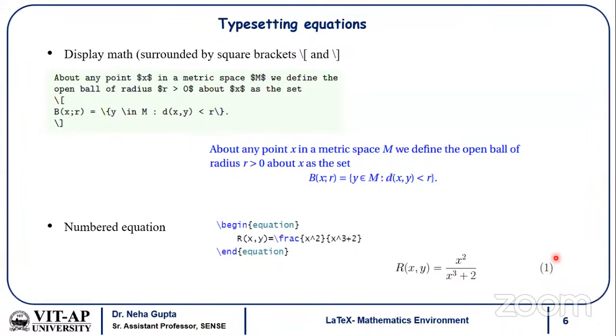Sometimes it is required to represent an equation without numbering or referencing, so you can use the square bracket. But if you want to refer to any equation in your content, you should use the begin equation and end equation environment. So we'll see again in the overlay how to use these two commands.